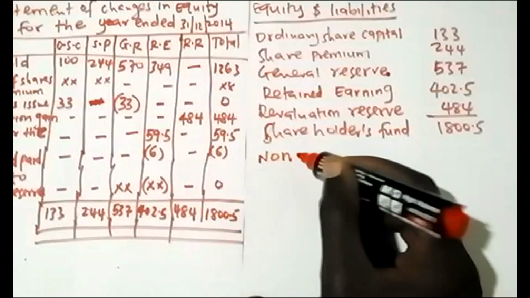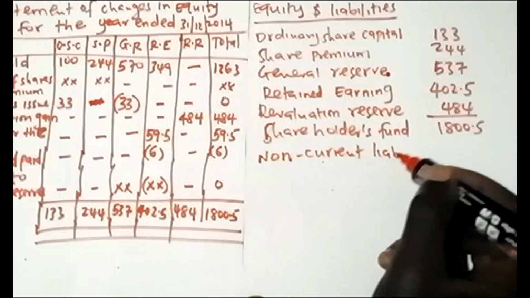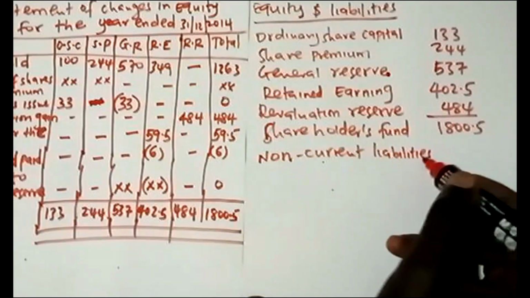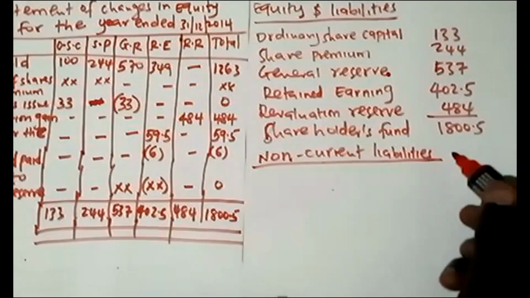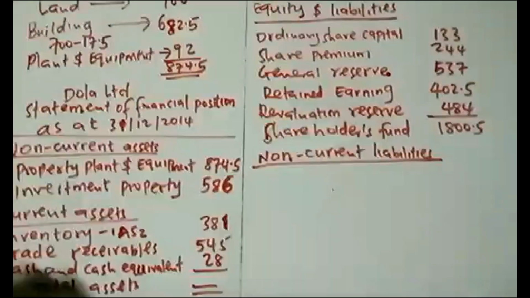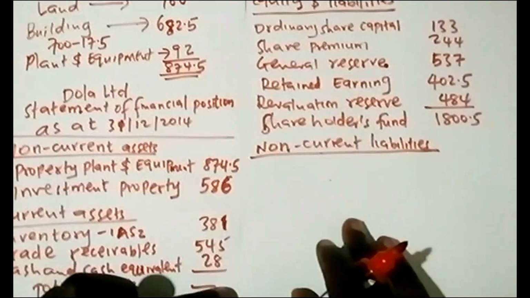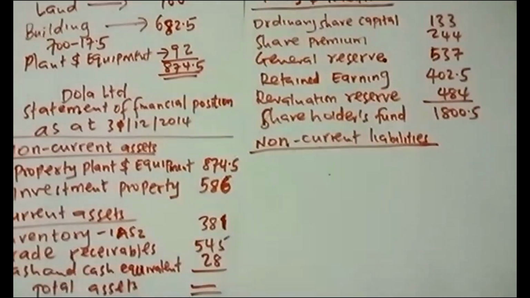Then non-current liabilities. We have some of them. Which are the non-current liabilities we have? There was that loan, which they said payable 2024, which means that it was long term.